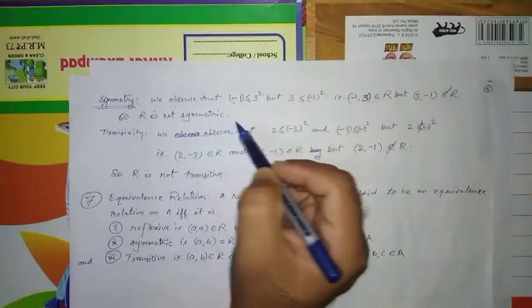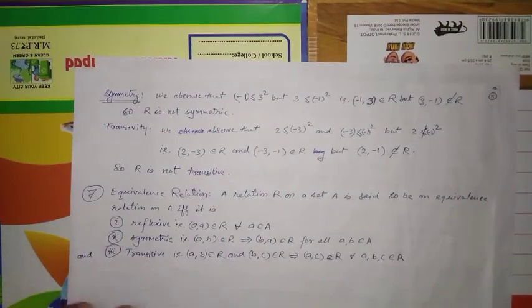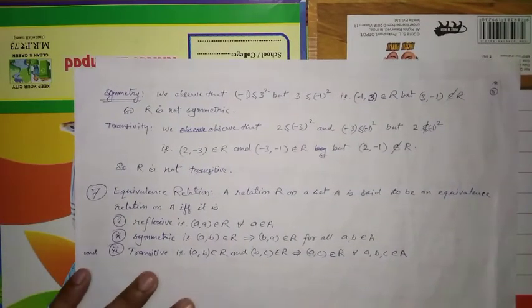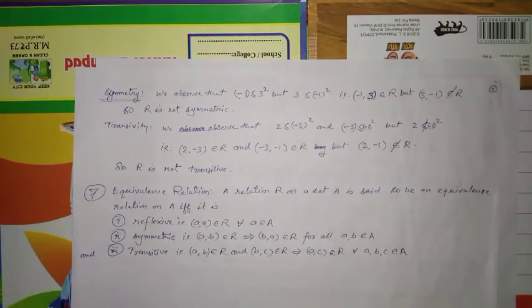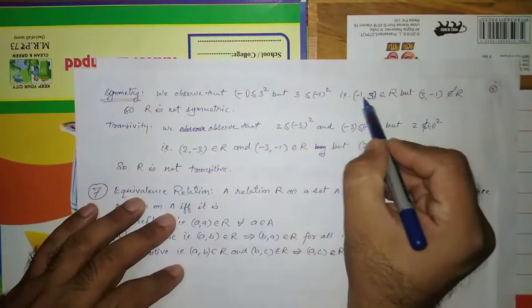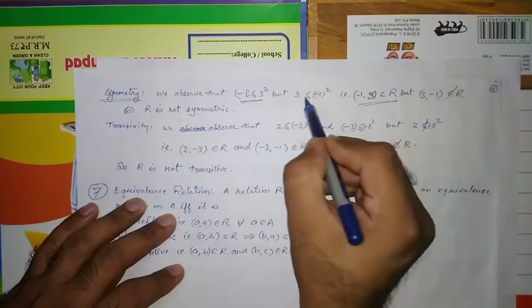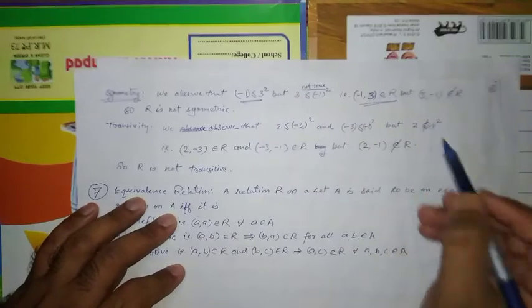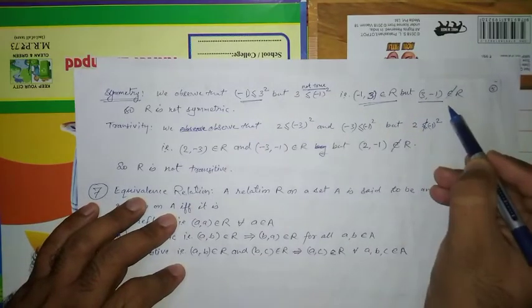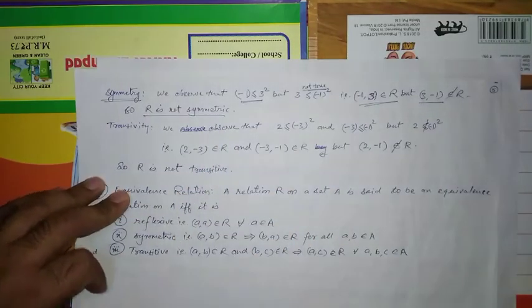Because for symmetry we have to swap a to b and b to a. By the definition, (a, b) belonging to R should imply (b, a) belongs to R. So (-1, 3) belongs to R, this is true, but this is not true. That's why (3, -1) does not belong to R. Therefore R is not symmetric.